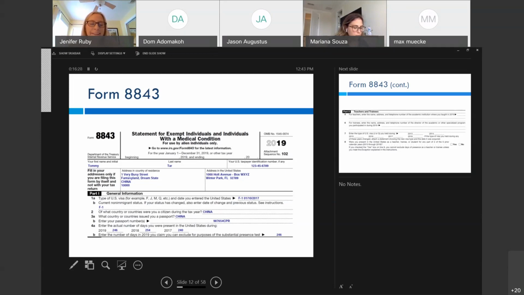And then 4B is specific to the number of days in 2019. So you see that you're using to exclude. So part of the reason why you are asked for dates that you've been in the US is because what you're trying to establish is a substantial presence test to determine that you are indeed a non-resident for tax purposes.